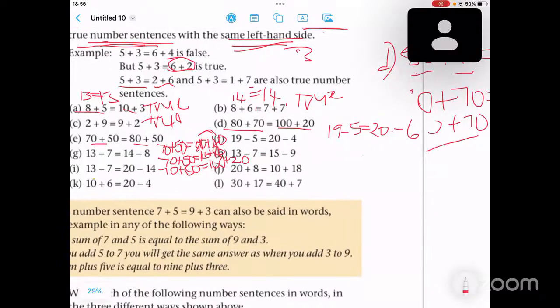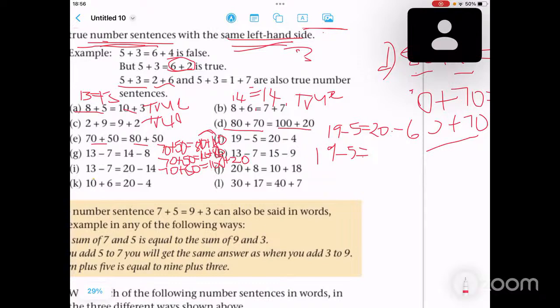How can we write 19 minus 5 again? It can't be 6 minus 20.